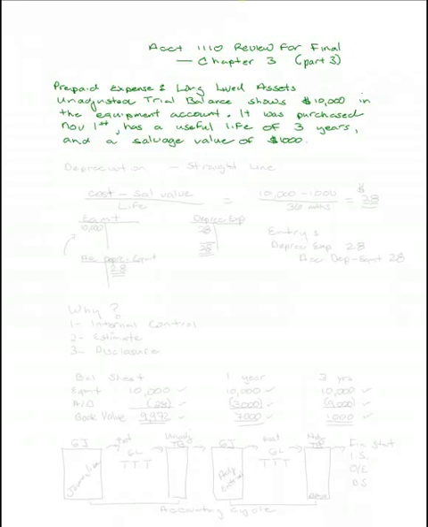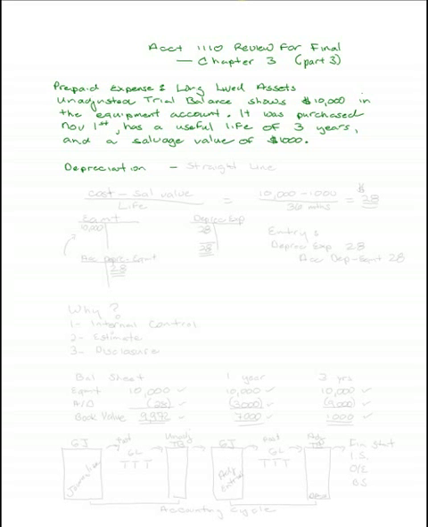Let's assume we purchased some equipment on November 1st, and the unadjusted trial balance shows $10,000 in the equipment account because of that. It was purchased November 1st, has a useful life of 3 years, and a salvage value of $1,000. We need to calculate depreciation for the month of November.